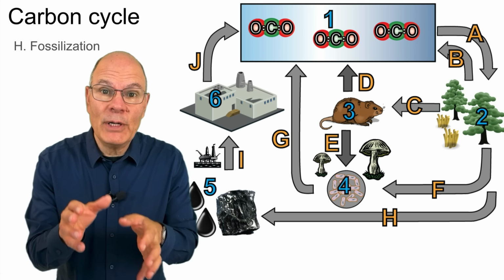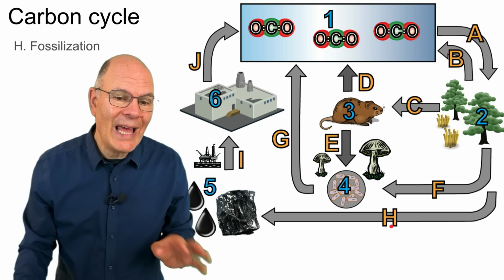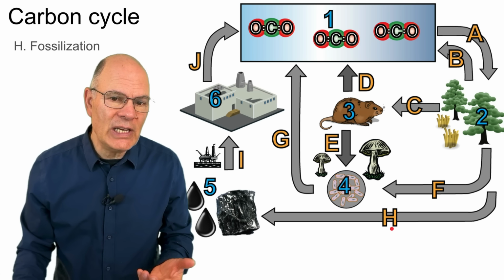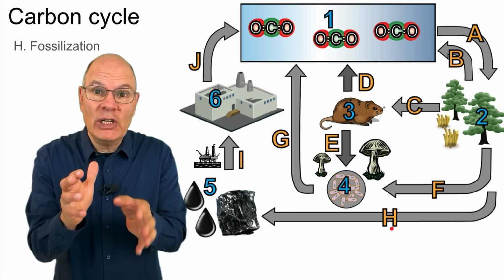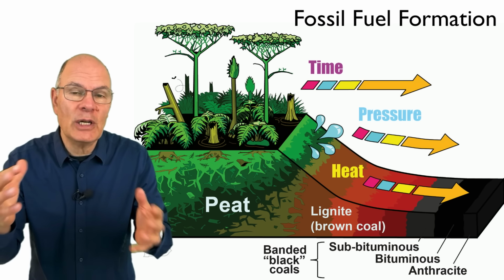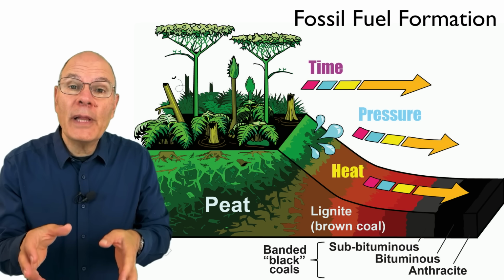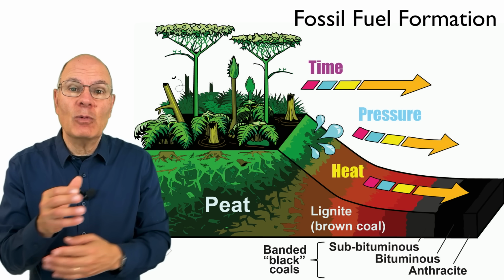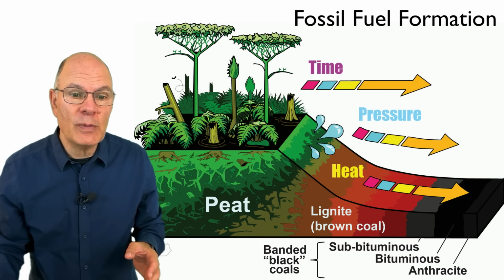Another flux that can happen in the carbon cycle is shown here at letter H. That's fossilization. At certain periods in Earth's history, there's been luxuriant growth of plants. And those plants, when they die, accumulate at a rate that can't be decomposed by decomposers.